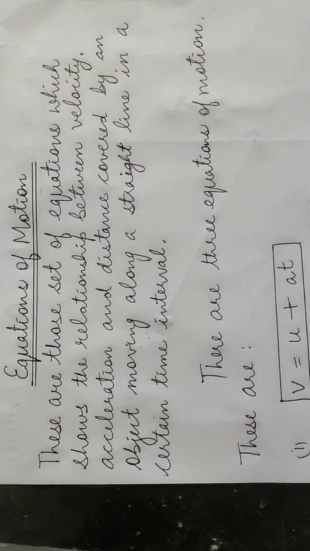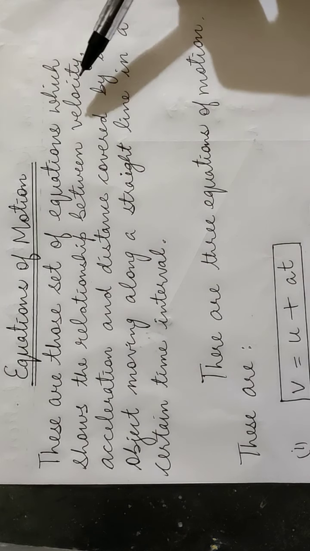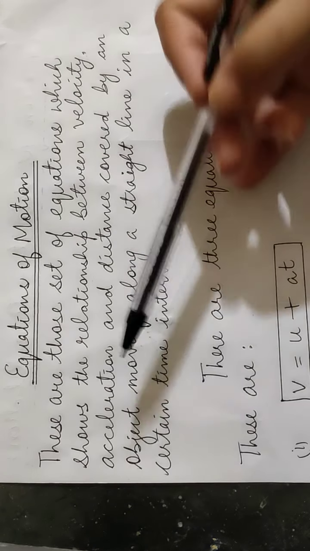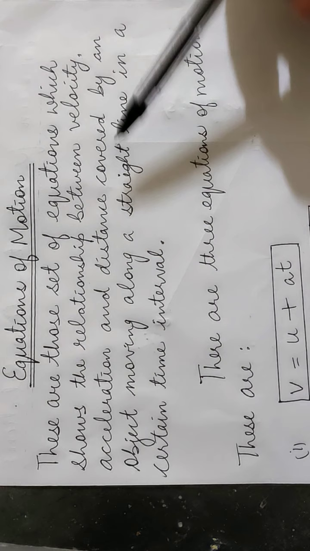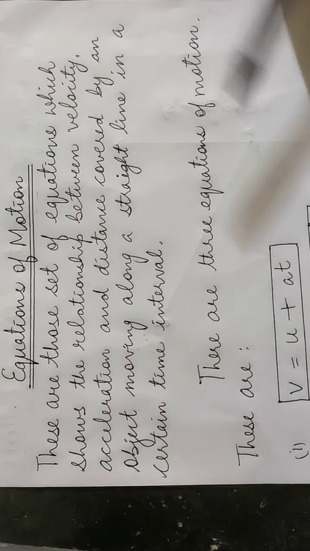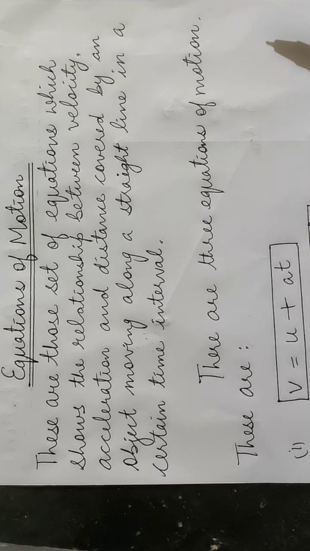Equations of motion. These are those set of equations which show the relationship between velocity, acceleration and distance covered by an object moving along a straight line in a certain time interval. There are three such equations.